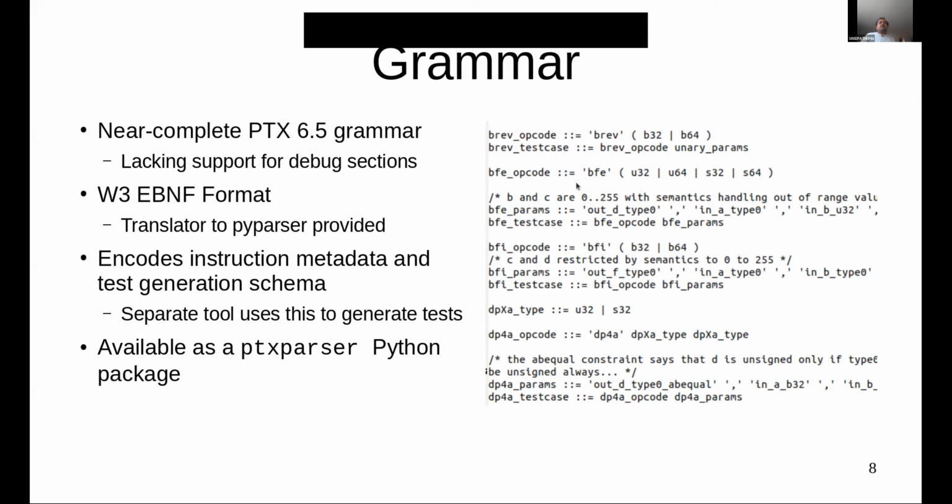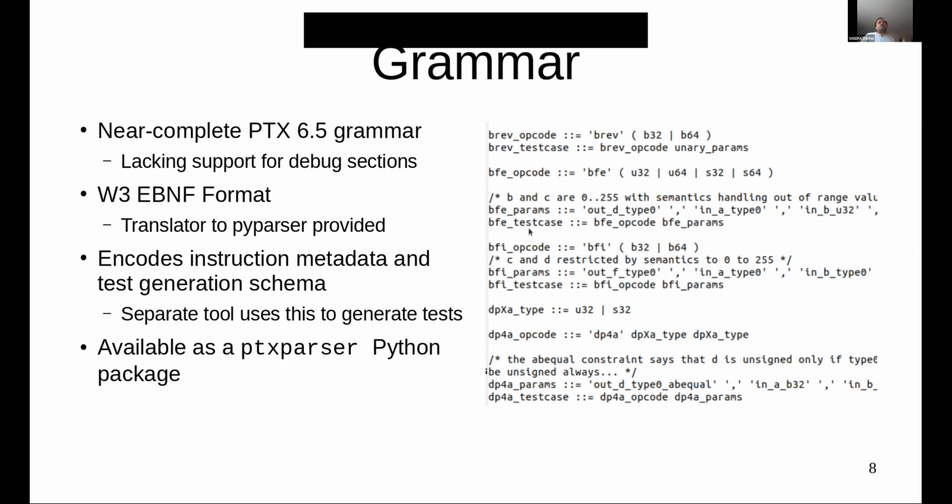One of the interesting things about this grammar is that it does not just encode the syntax, which is what you see over here, but it also includes metadata, like what the types of each argument are. So for example, BFE has an out and an in of a particular type, but the argument B is of the U32 type and so on.